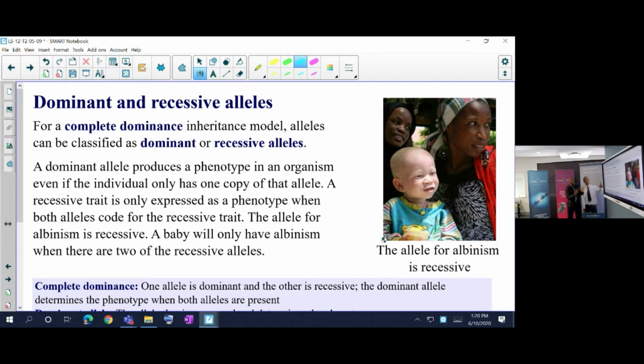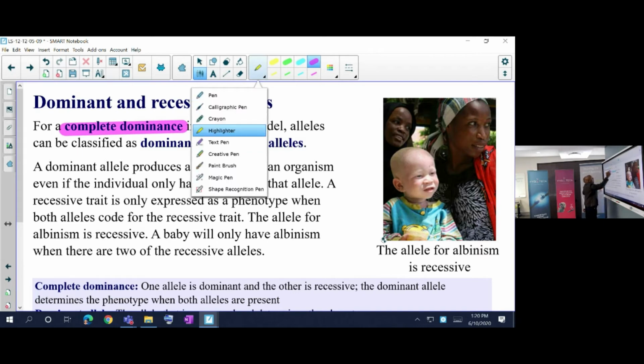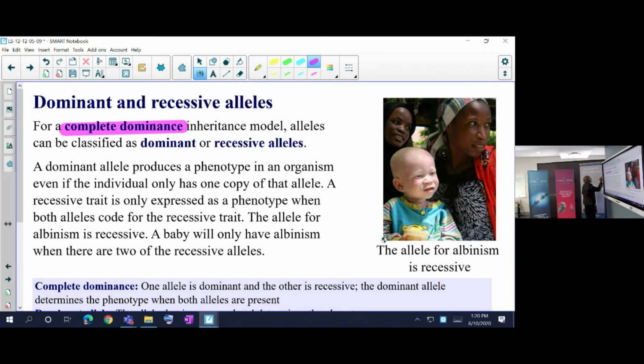Without confusing you, for now, let's restrict ourselves to the explanation that is coming from complete dominance. We are very much worried about complete.